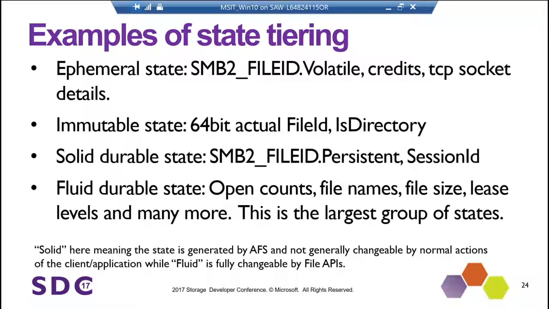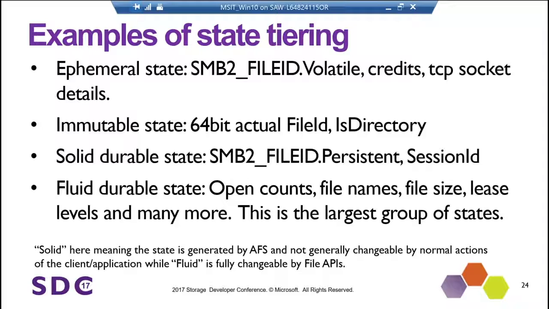So we have the state that has to be durable. It helped me in thinking about it, and the way that we talked about solid and fluid durable state. This durable state that the user can't directly assign or change, things like a session ID, that we still have to durably commit, but the user really has no control over it. Whereas there's other things like timestamps and file sizes, which also have to be durably committed, but the user can just set them.